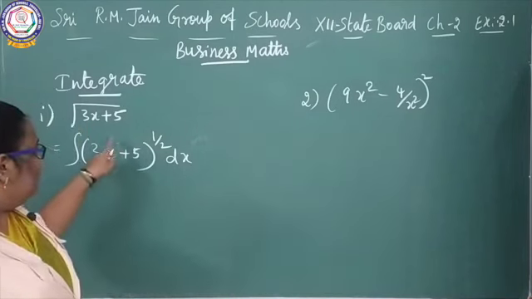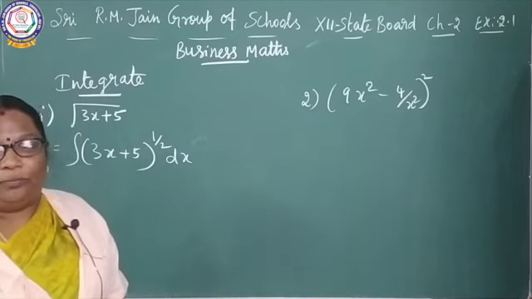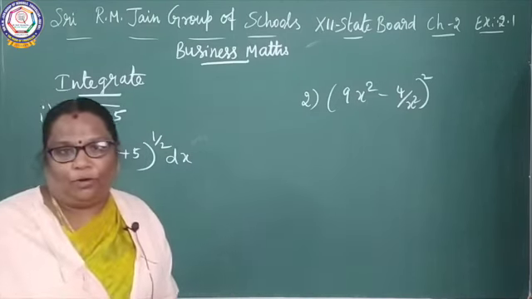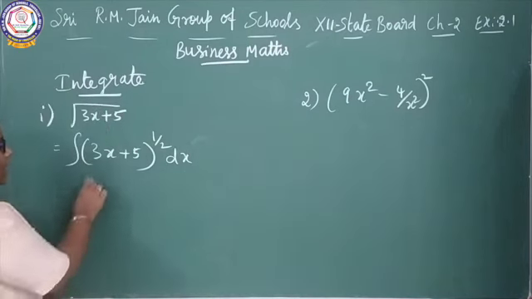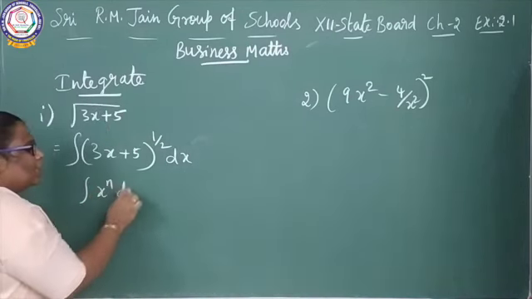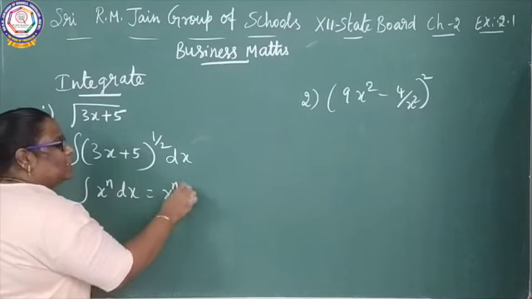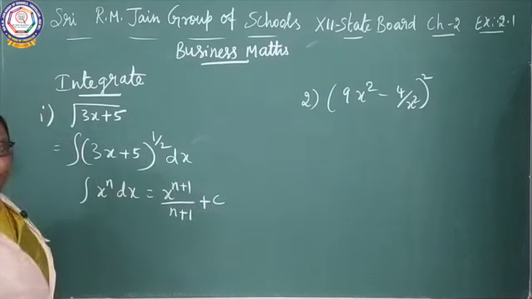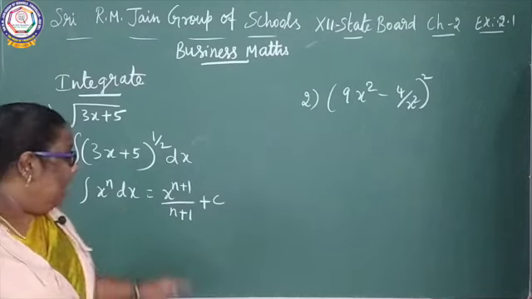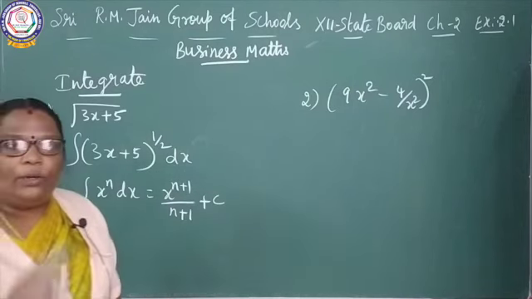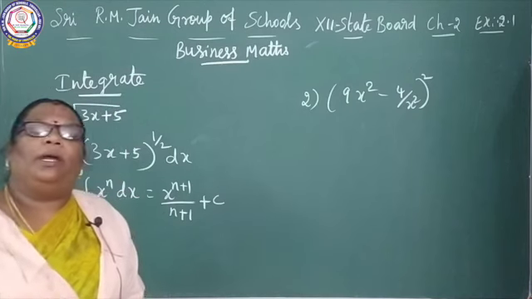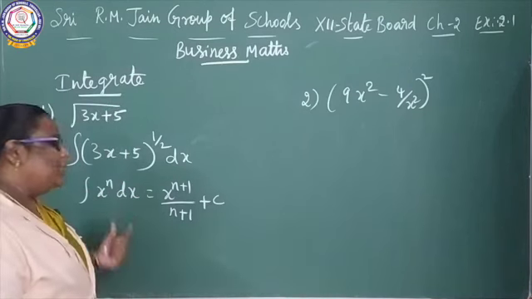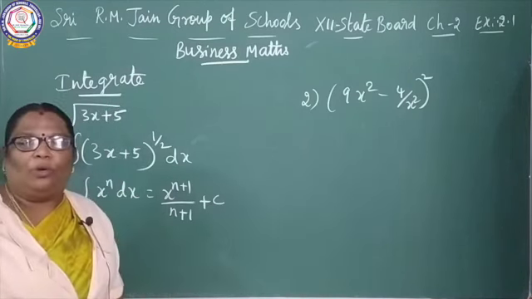Here the power of x is 1, so you can easily apply the formula. Integral x power n dx equals x power n plus 1 by n plus 1 plus c. You have another formula also, integral of ax plus b whole power n.